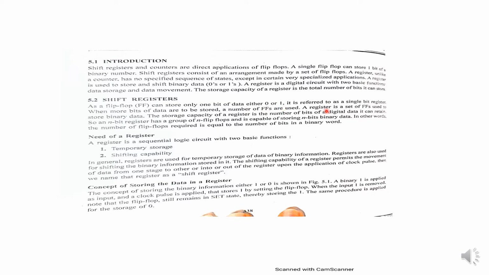As a flip-flop can store only one bit of data, either 0 or 1, it is referred to as a single bit register. But when more bits of data are to be stored, a number of flip-flops are used. And what is a register? It is a set of flip-flops used to store binary data. So it is written here, registers are a set of flip-flops which is used to store binary data.